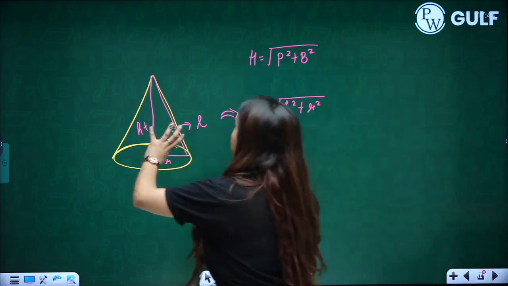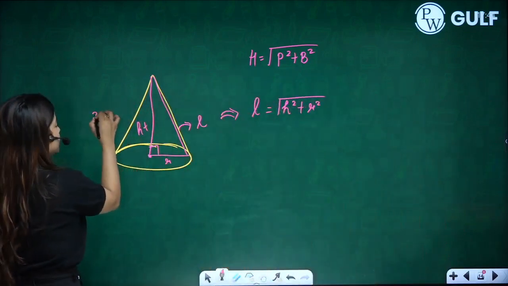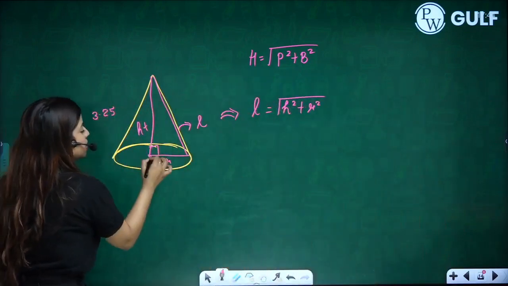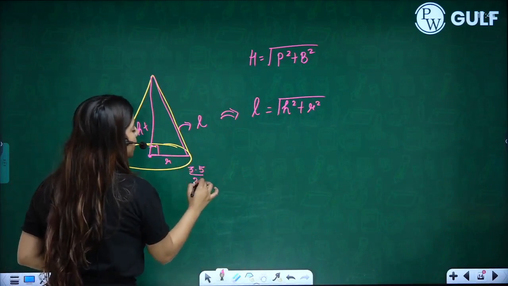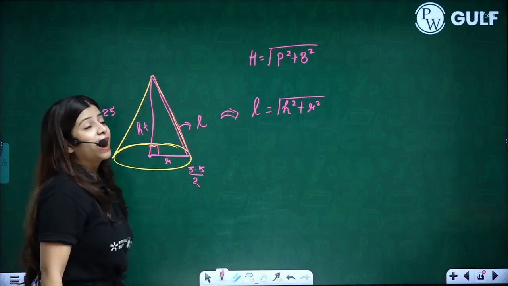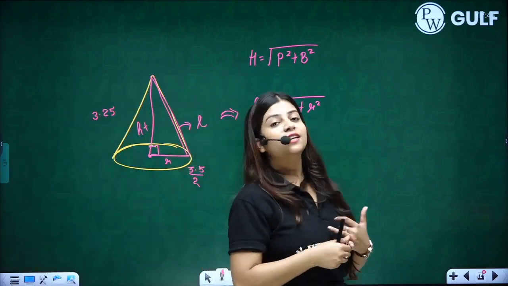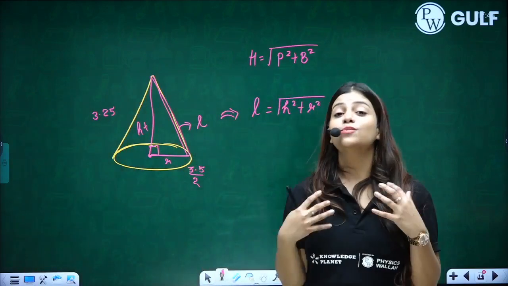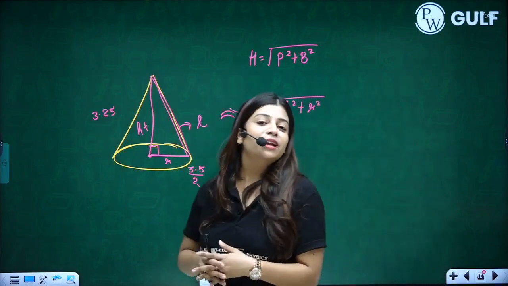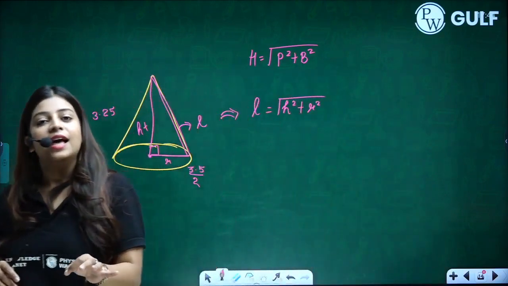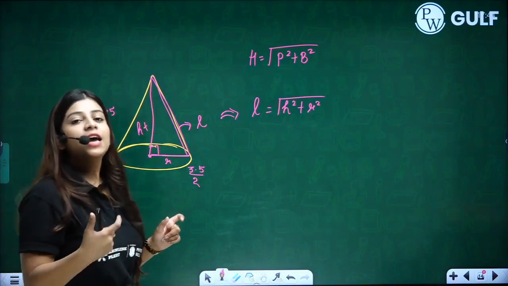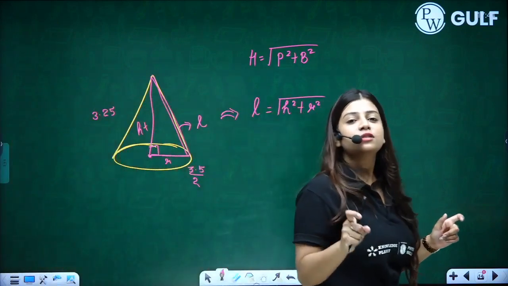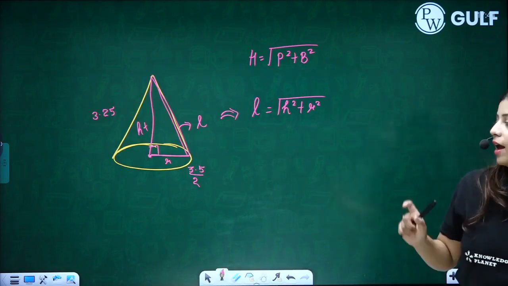So now the height is given to us as 3.25. The radius is given as 3.5 by 2. So what do we have to calculate? We have to calculate this slant height, students. Why? Because in the formula it is pi RL, and L is something that we have to put in the equation, so we have to stick with that particular thing, right?